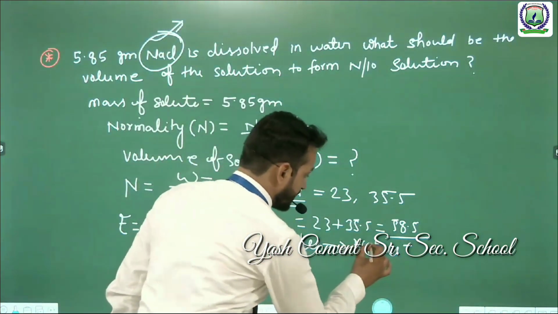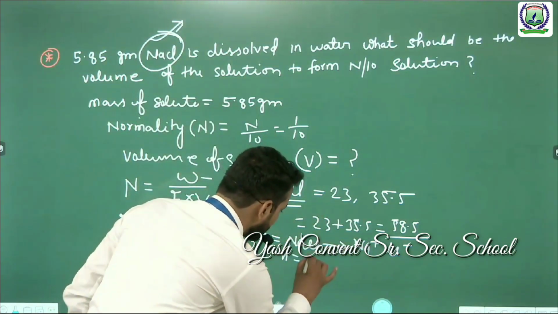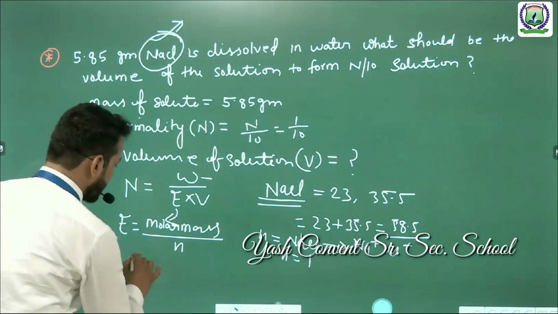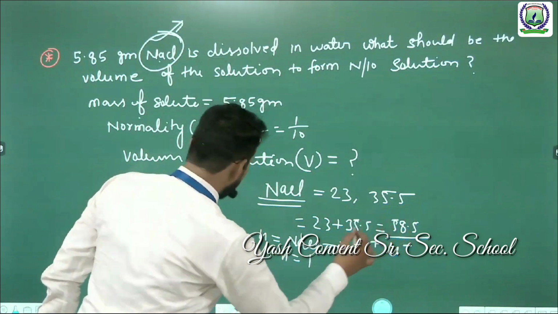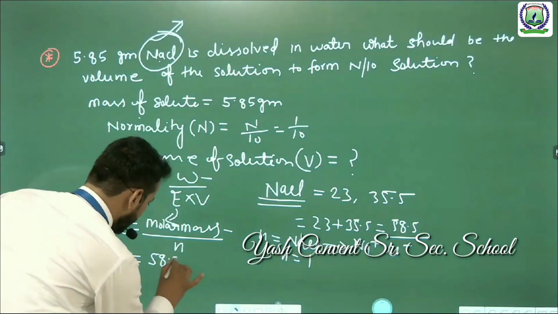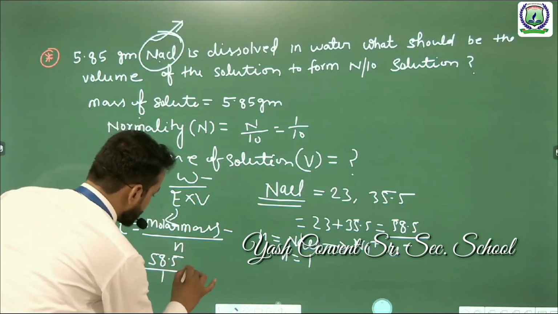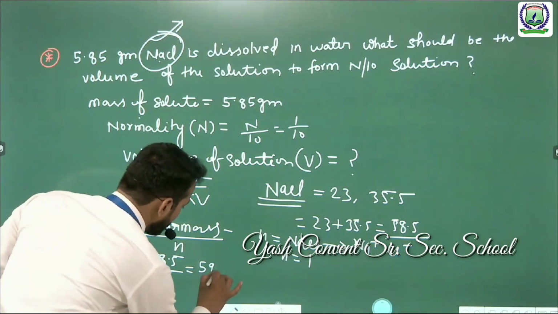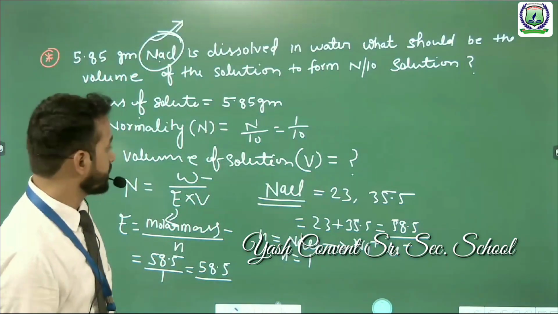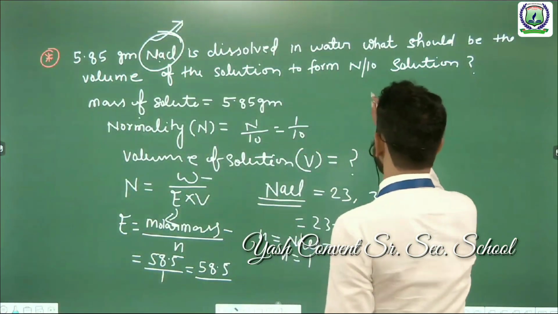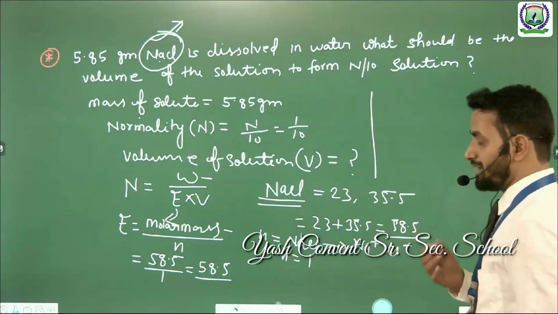The charge present on the cation is equal to 1. Here the value of n is equal to 1. So the equivalent mass of NaCl is equal to molar mass 58.5 divided by n, which is 1. So the equivalent mass is also 58.5.